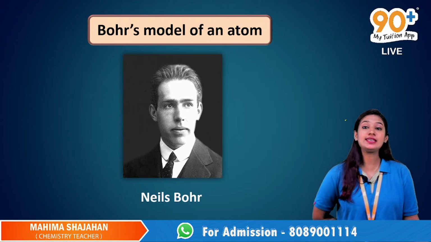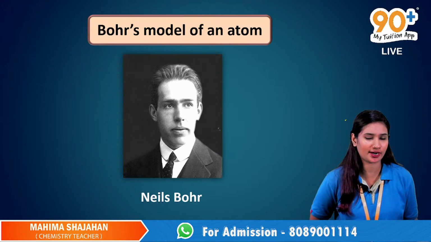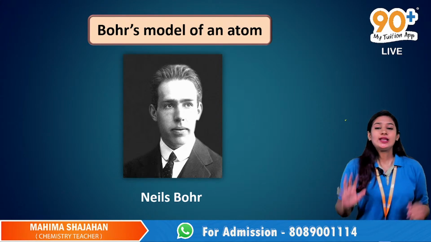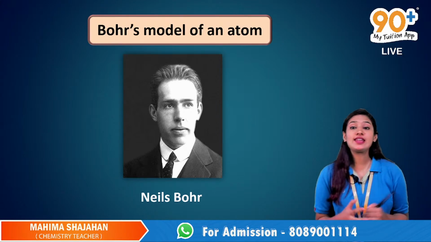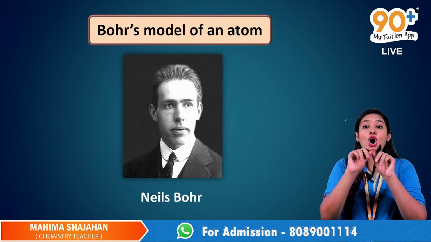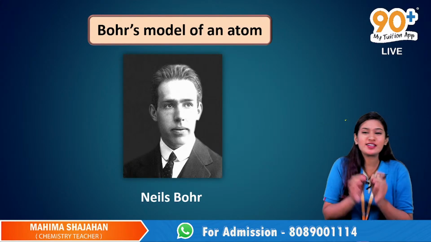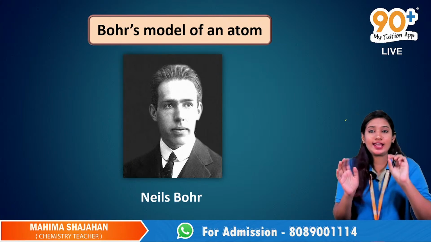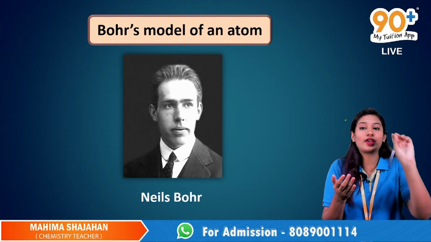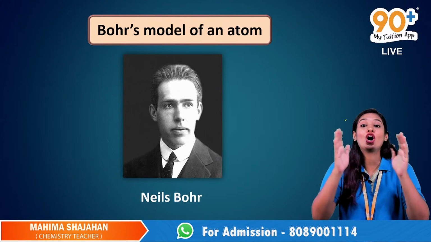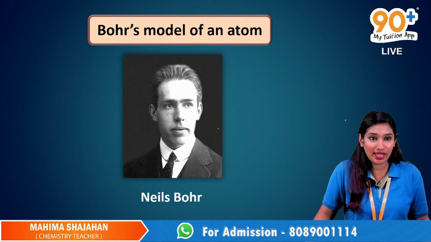Niels Bohr model postulates. First, you can put down your pen, no need to write anything. Bohr said that there are certain orbits inside an atom, special paths along which electrons revolve. He called these paths orbits.